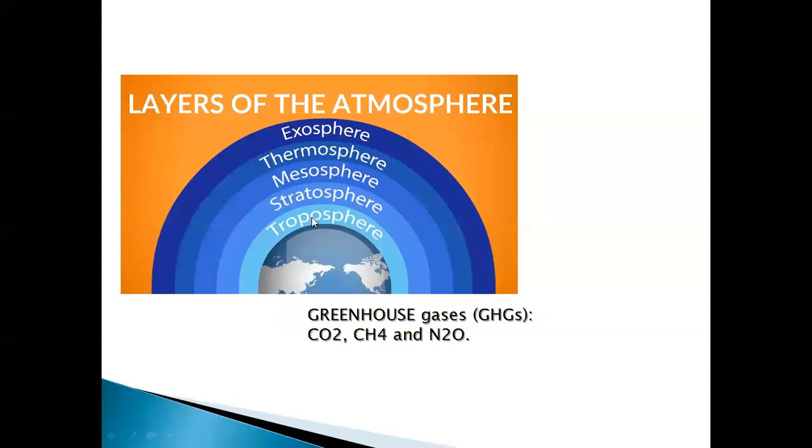Okay, now these gases are right here on this layer of the atmosphere. And now we have here the absorption of the solar rays. And here the GHG gases are going to be trapped.